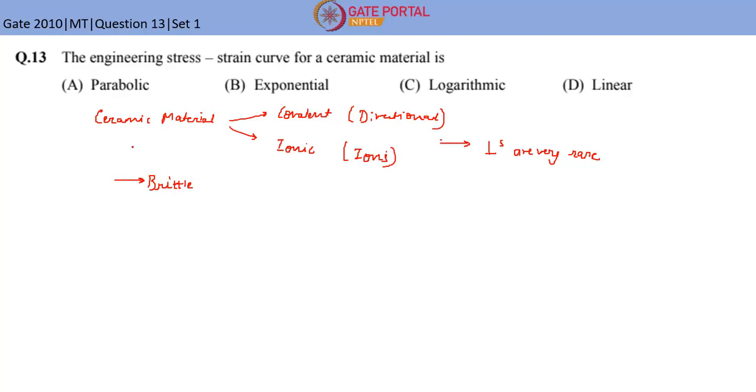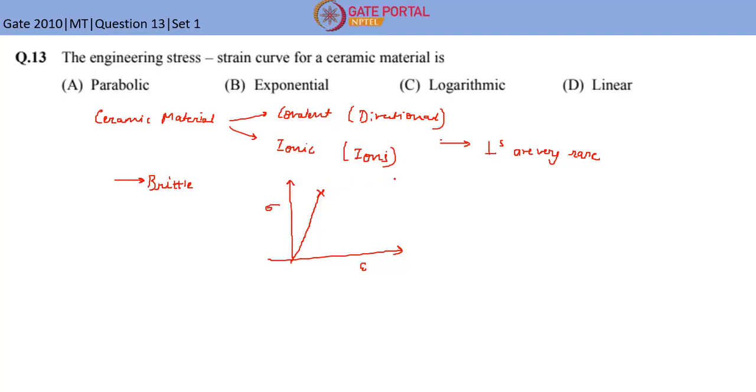Hence, if these materials are brittle, they lack plastic deformation. Hence the stress strain curve will be like this, this is stress and this is strain. It will be completely linear, and at this point it will break because there are no dislocations to create plasticity.